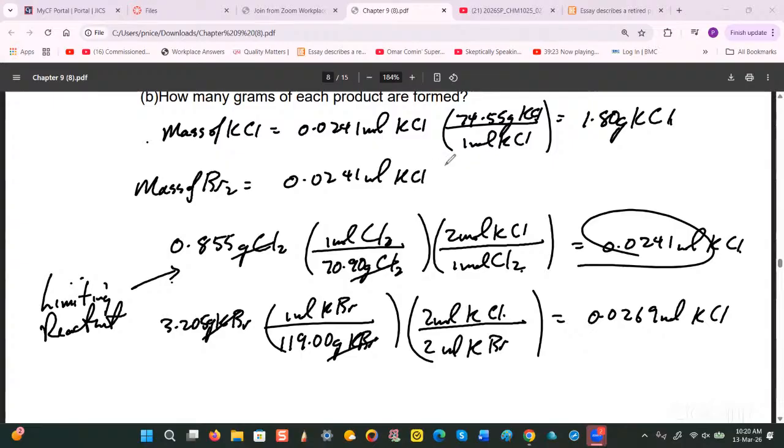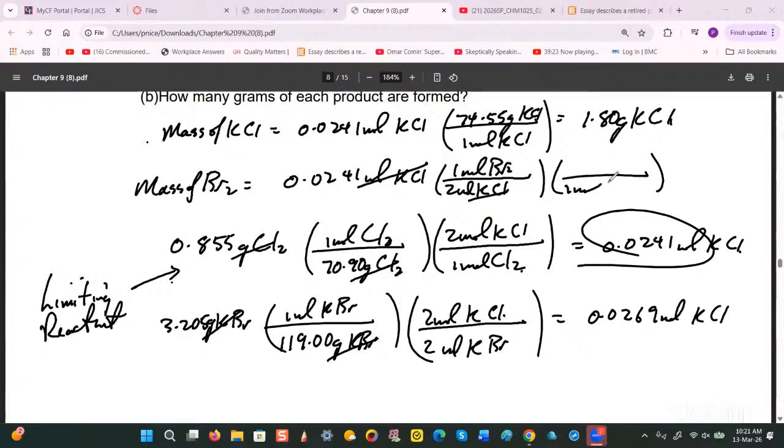And then we look at the mole ratio between the bromine and the potassium chloride, which is a 1 to 2 mole ratio. So we're going to have 1 mole of bromine above, 2 moles of KCl below, so that this goes with that.